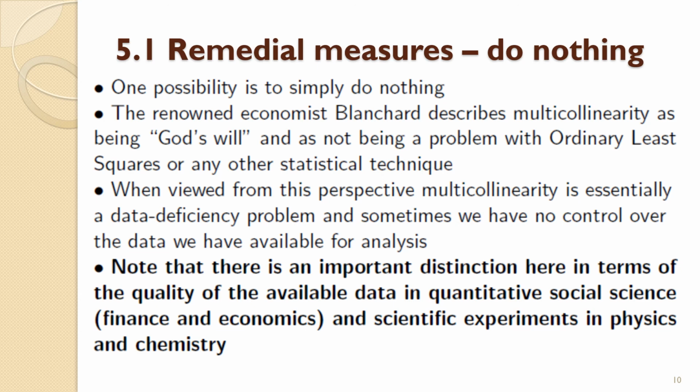And then my little disclaimer: note here there's quite an important distinction that has to be made in terms of the quality of the available data in quantitative social science, things like finance, accounting and economics, and scientific experiments in physics and chemistry. Finance, accounting and economics are probably areas of social science where you've got unusually high levels of quantitative data available, but it's still imperfect.